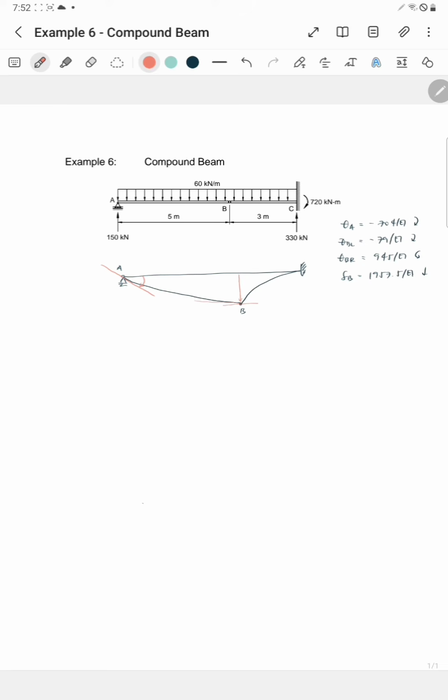So here it is, and this is the rotation theta B left. Initially, the beam is horizontal at point B. Then after it deflects, the left side rotates clockwise. Then for the right of B, we make a tangent line. And this is theta right of B, counterclockwise.